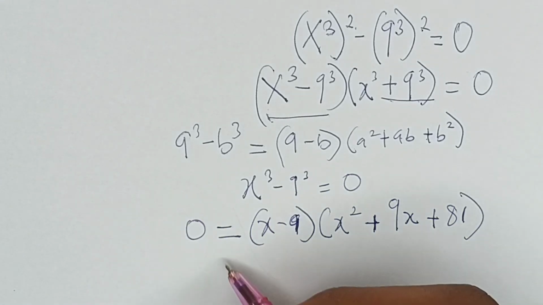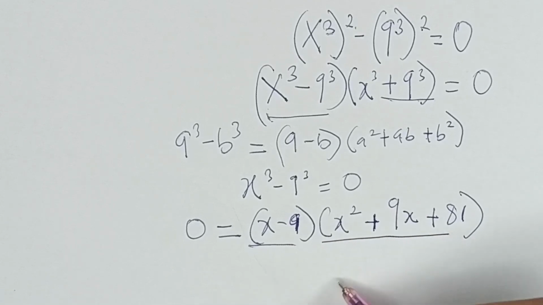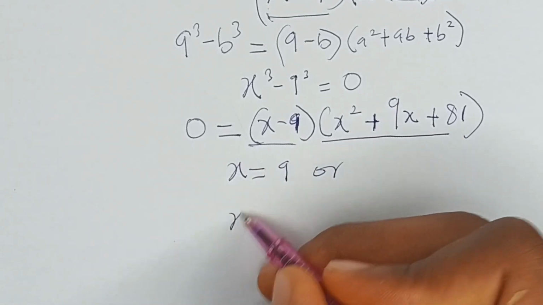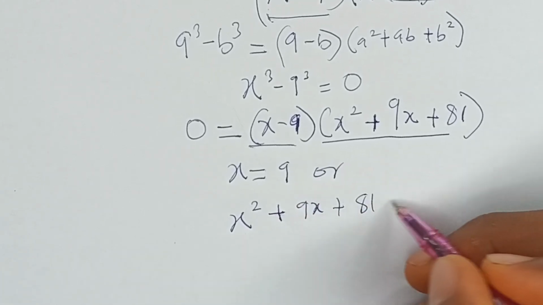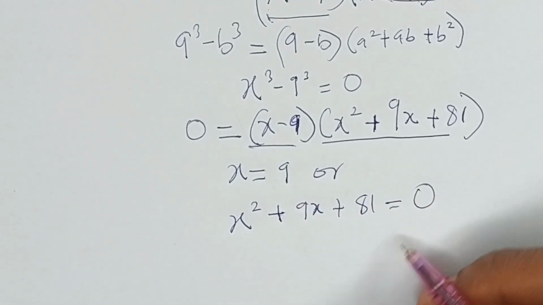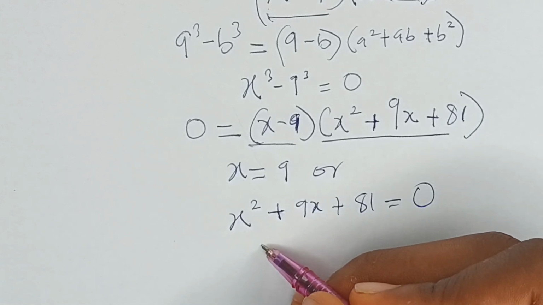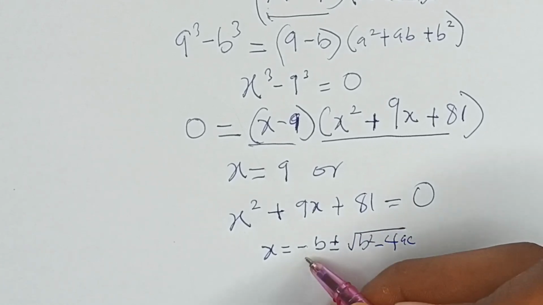Now also, when you have this, it's either the first one is equal to 0 or the second one is equal to 0. So it's either x is equal to 9 or x squared plus 9x plus 81 is equal to 0. From here, we can use the quadratic formula, and I'll state this once. x is equal to minus b plus or minus the square root of b squared minus 4ac, all over 2a.